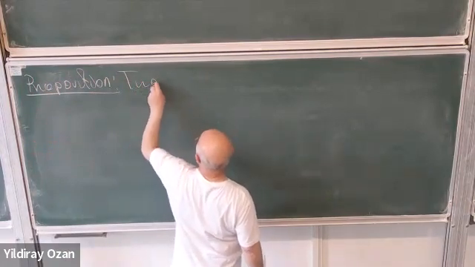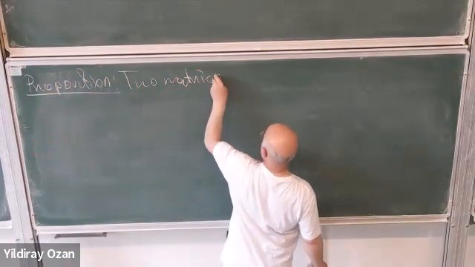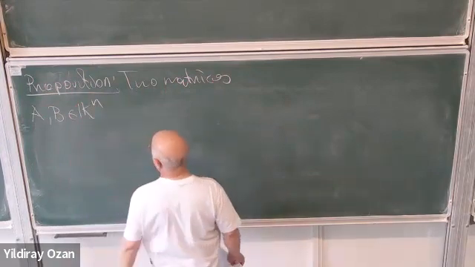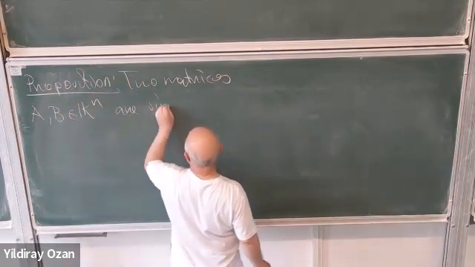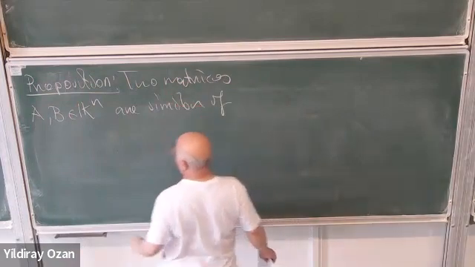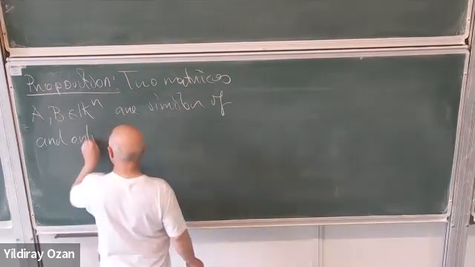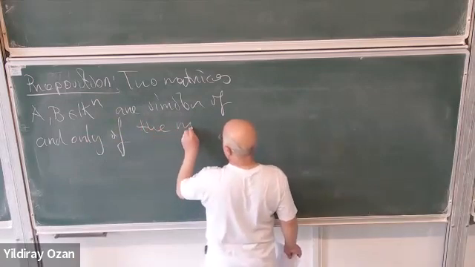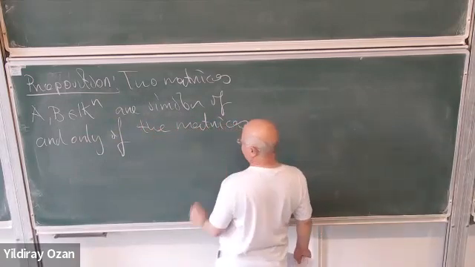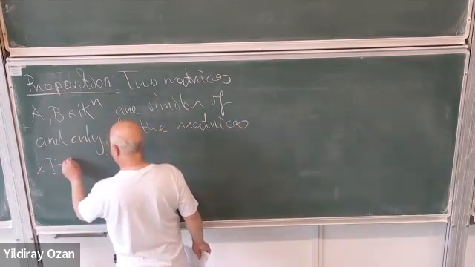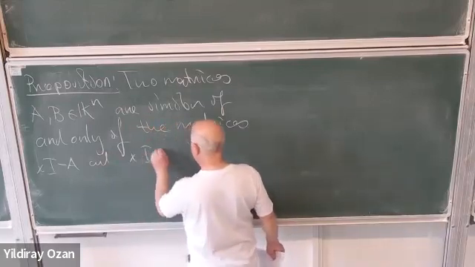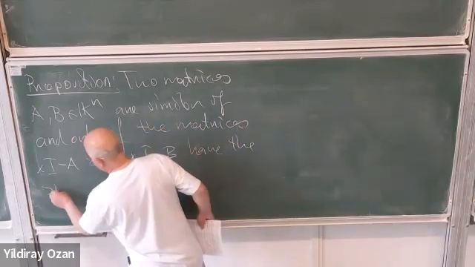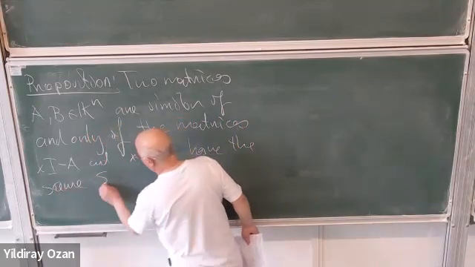Two matrices over K are similar if and only if the matrices xI minus A and xI minus B have the same symmetric normal form.